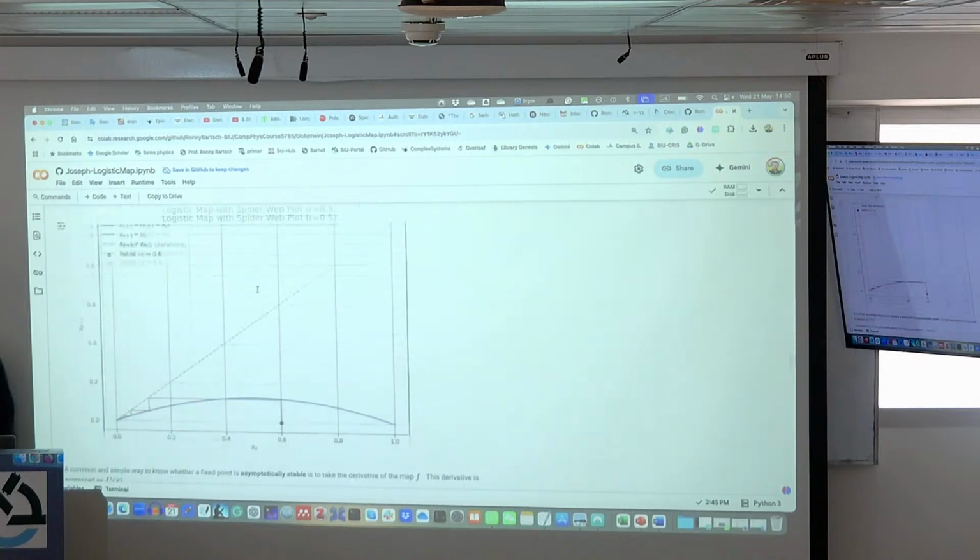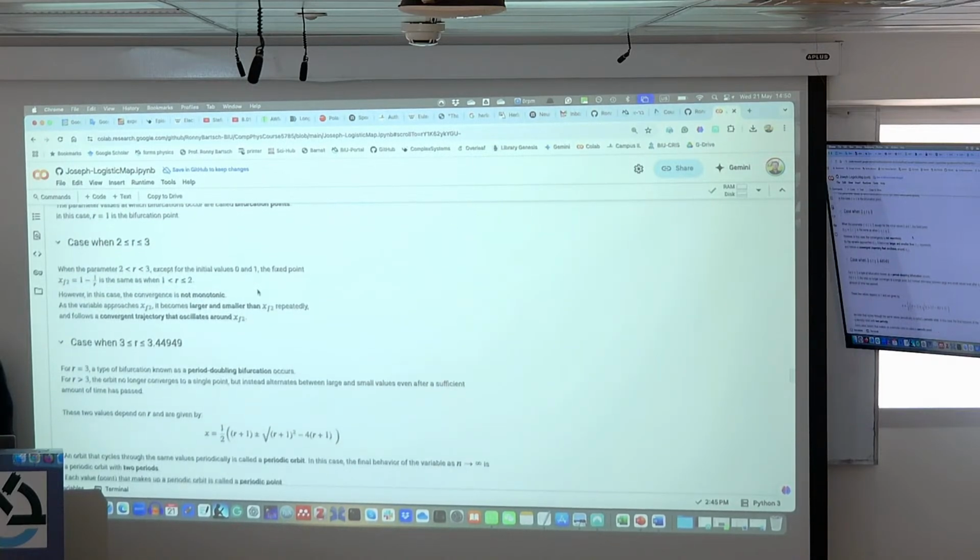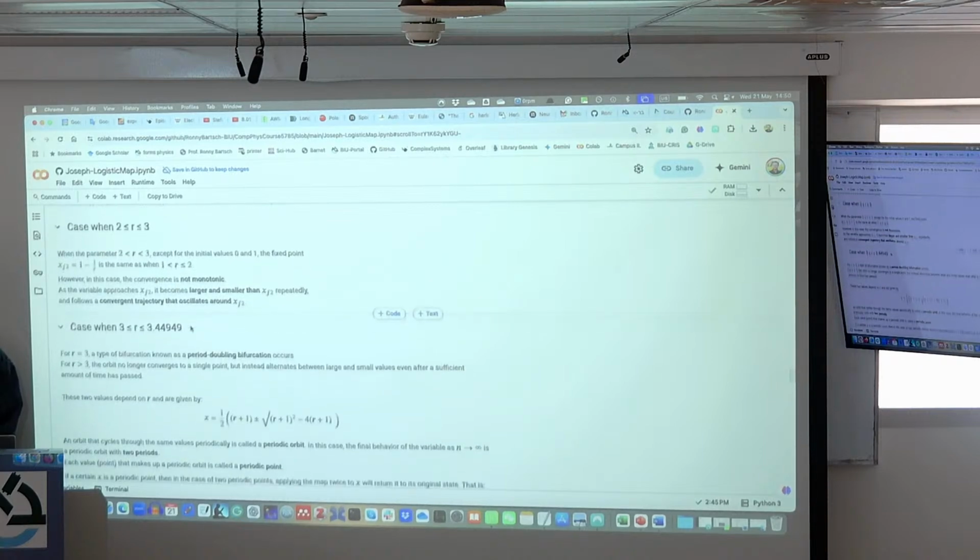So next we will talk about the case when r is bigger than 2 and smaller than 3. In this case, the convergence is not monotonic, and it becomes larger and smaller than xf2 rapidly, and follows a converging strategy to oscillate around xf2.